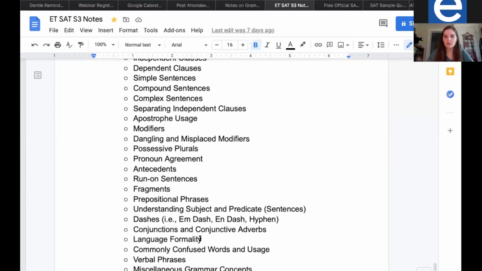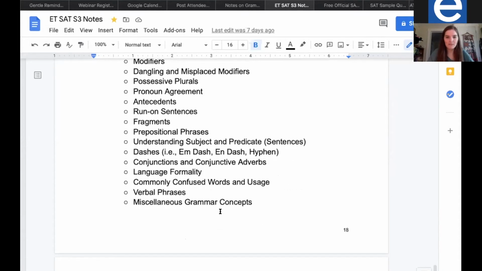It can deal with any type of word that is a modifier, so that could be an adjective or an adverb or other words, okay? We're going to get into what those are in just a second. Dangling and misplaced modifiers. If your teachers haven't gone over what those are, we will cover it eventually, hopefully today, but maybe in another session.